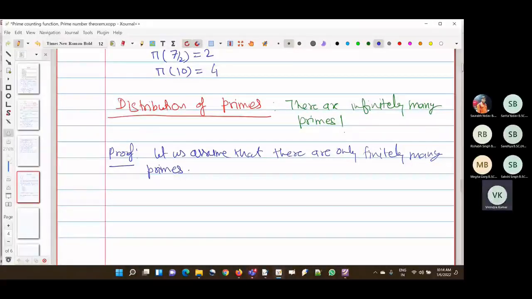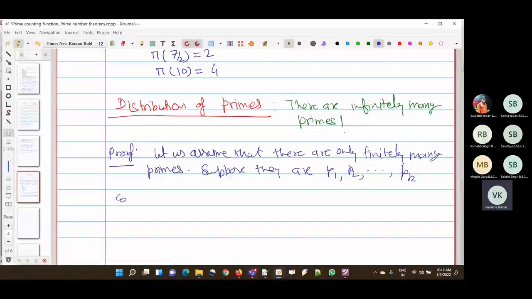Okay. Suppose they are P1, P2 up to Pk. So there are k numbers, only k primes. Okay.